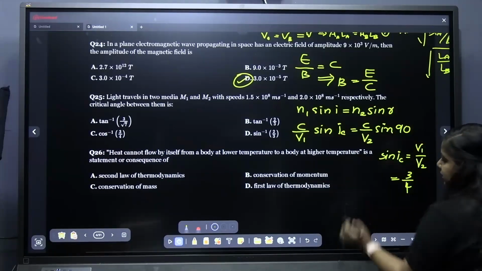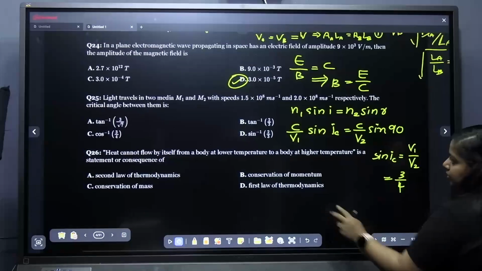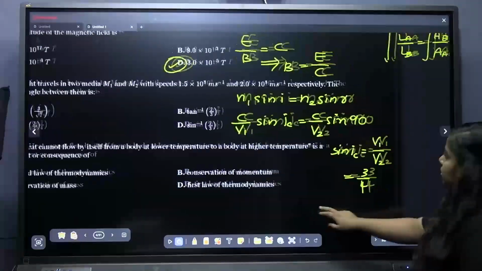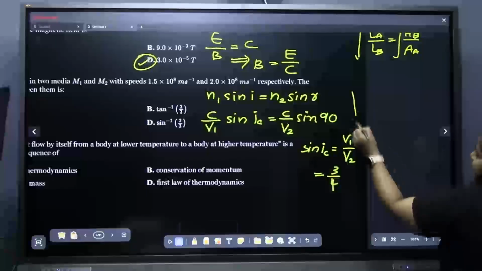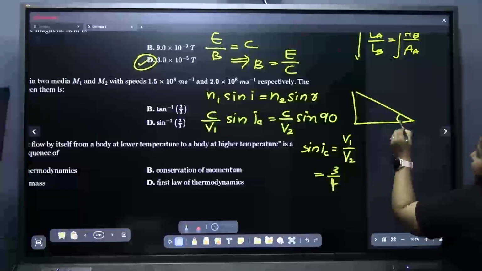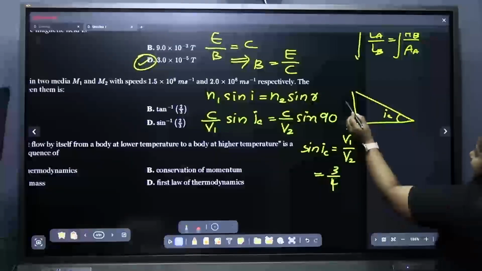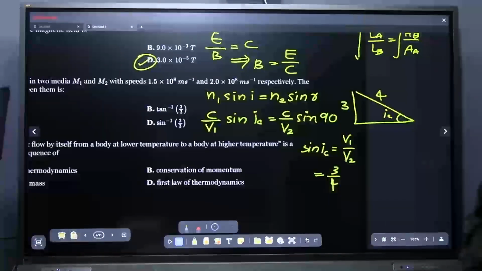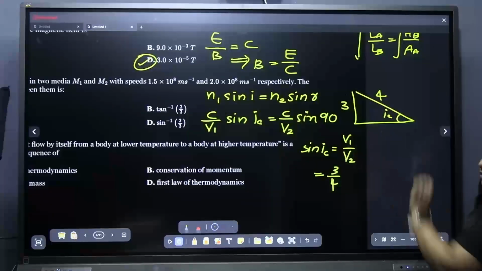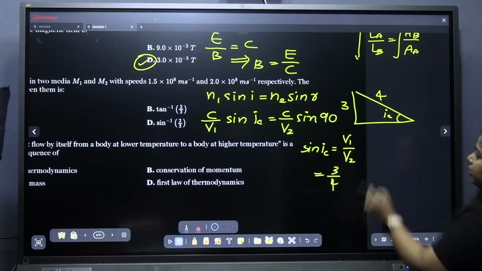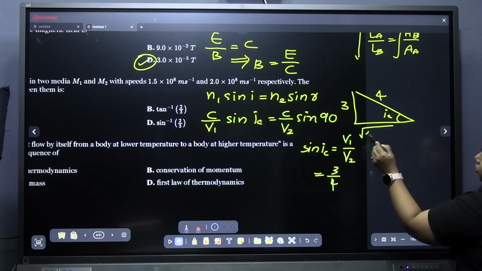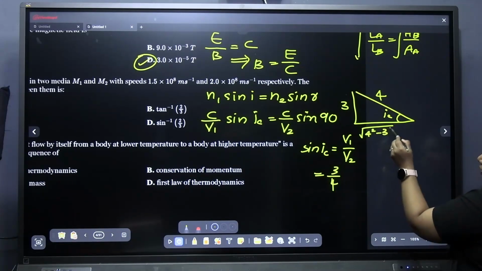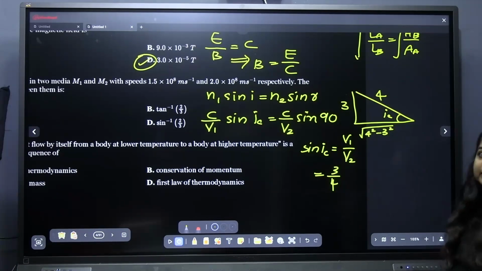What we should do is, we have to draw a triangle. If this is IC, critical angle, opposite is 3, hypotenuse is 4. So adjacent we have to find. That will be equal to under root of 4 square minus 3 square. That is 16 minus 9.